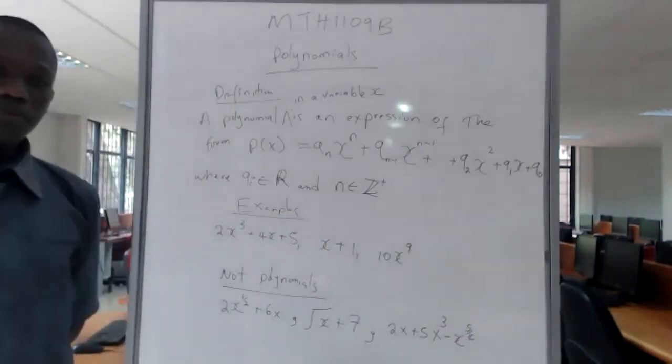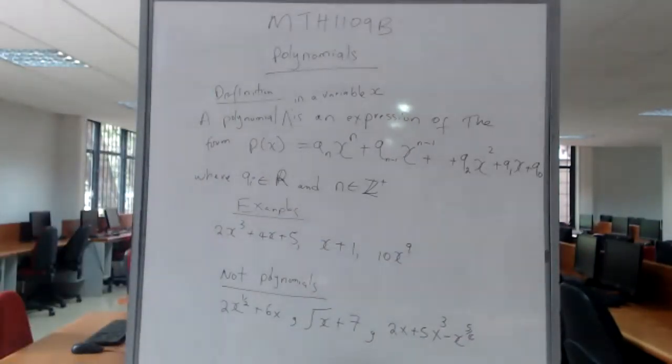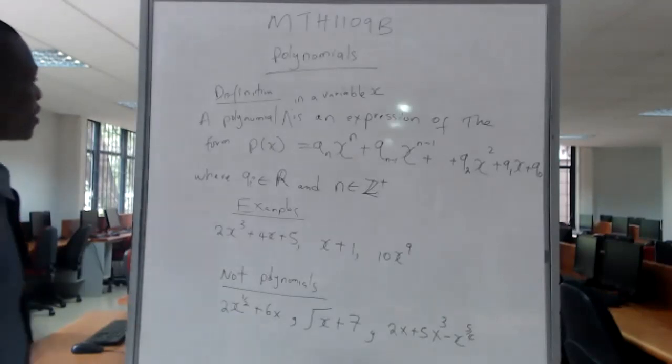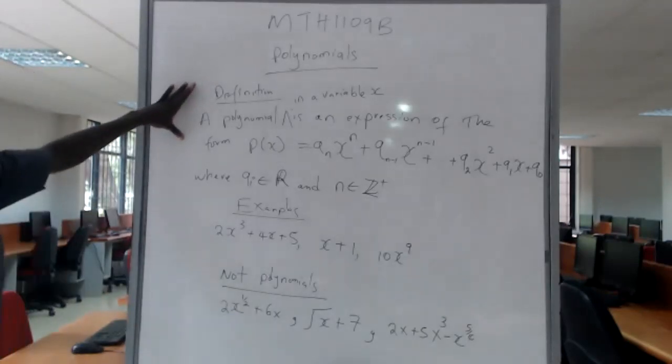Abdi Hakim, what should we repeat? Sir, from the beginning. Okay. So I've just given a definition of a polynomial, and the definition is very simple.